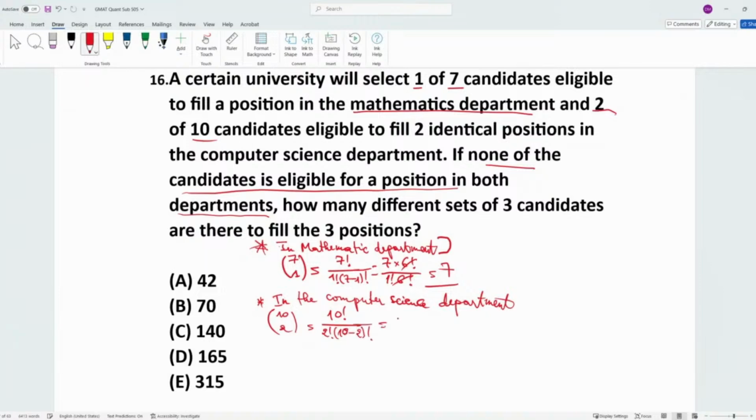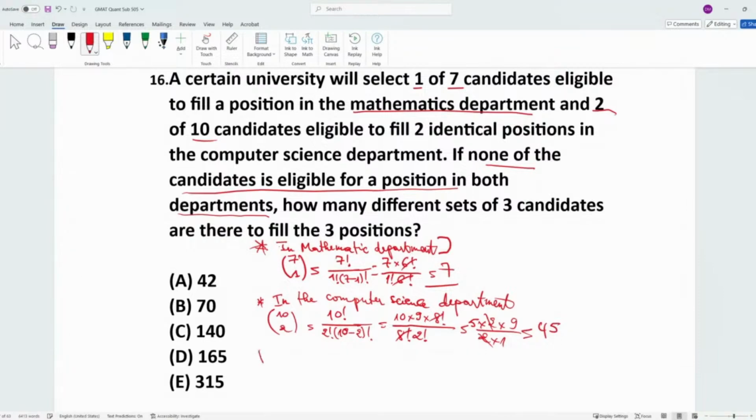This will give us 10 times 9 times 8 factorial over 8 factorial, 2 factorial. So this we can cancel. And 10 is actually 5 times 2, times 9 over 2 times 1. So this is equal to 45.